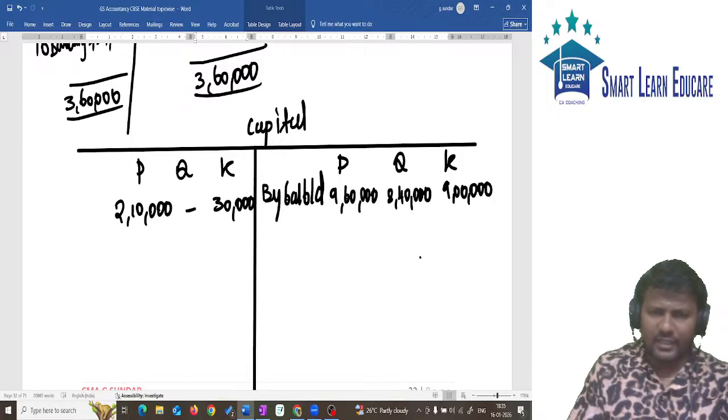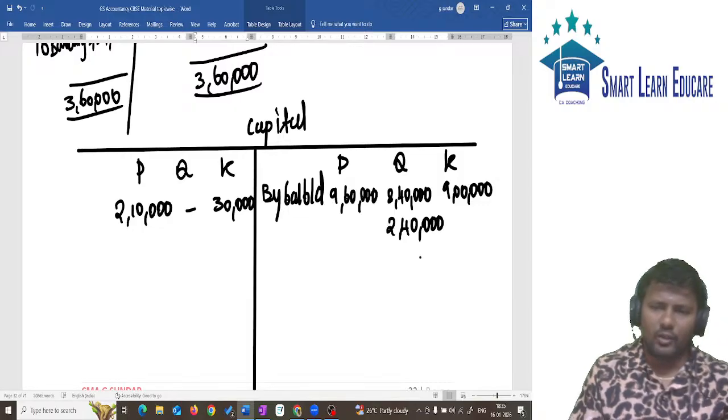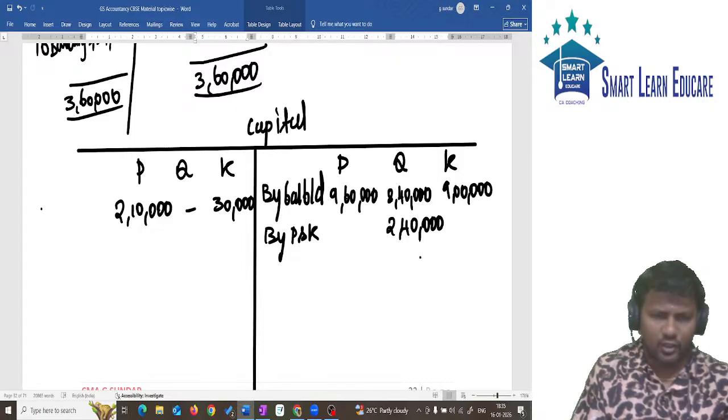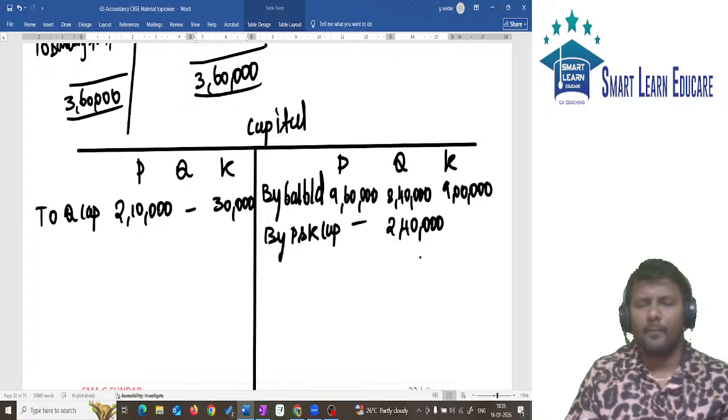And credit to Q, it is 2,40,000. When you write for Q, the reference should be by P and K. When you write for P and K, the reference should be to Q's capital. This is nothing but the goodwill journal entry.